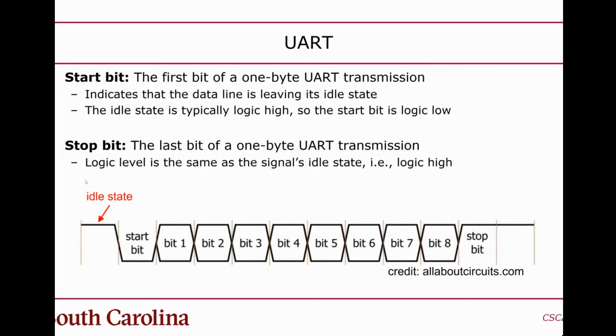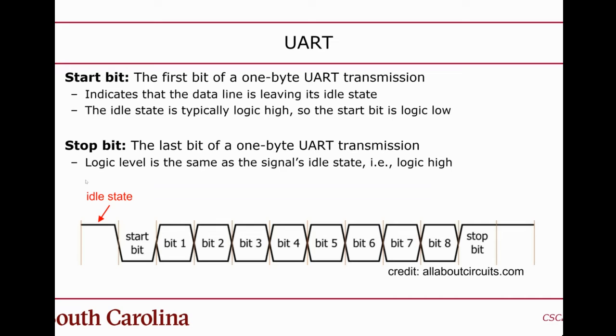The channel, and when I say channel, I'm talking about the individual transmit and receive lines, are idled at high logic 1, and so when you want to start a transmission, you would send a start bit. Start bit is always low, so you'd set the channel to low. Now with UART, you don't need to worry about conflicts.